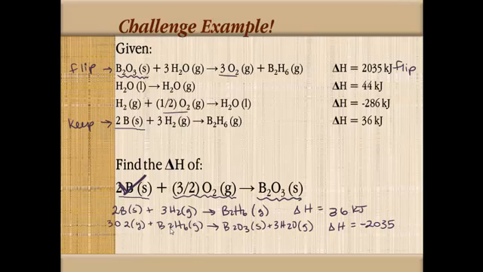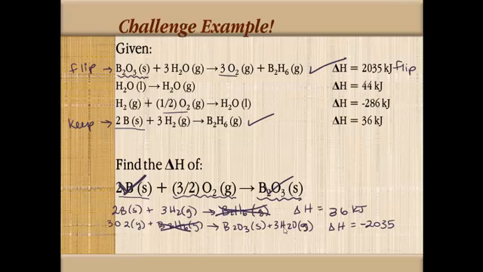Okay, so I've used equation 1 and 4, and I've gotten 2 out of my 3 things in the right place. But if I stop there, do I have anything that cancels out so far? I have the B2H6, so that's good, because I don't want that in my final answer. But I've also got some hydrogen and some water that I don't want in my final equation.